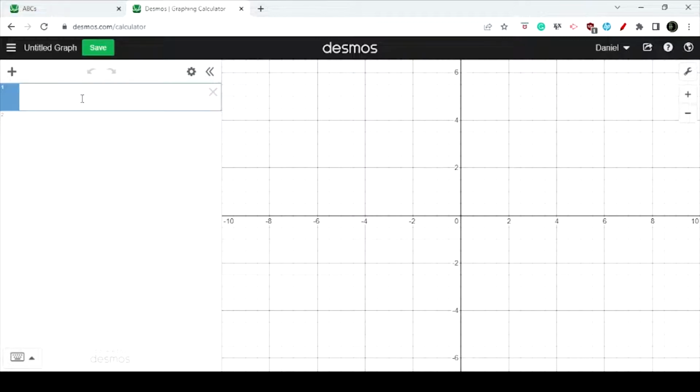So for this example, I'm going to start with the ever popular parabola here, and the method that I'm going to introduce, it's not something that I can explain very well, and for that reason, I'm going to include a link to another video.